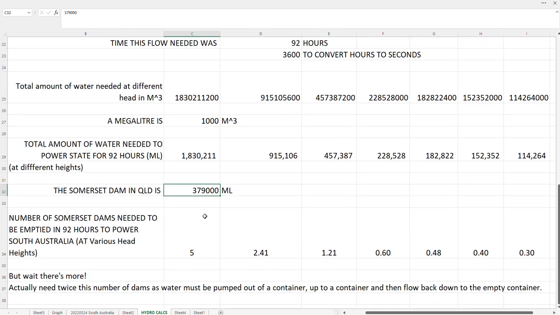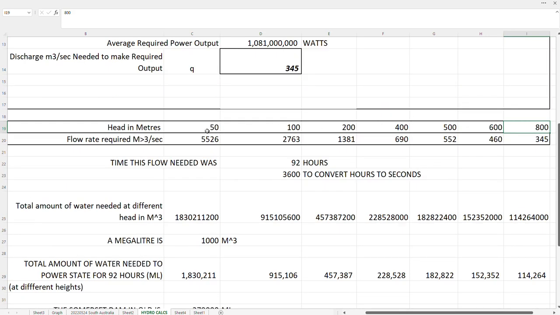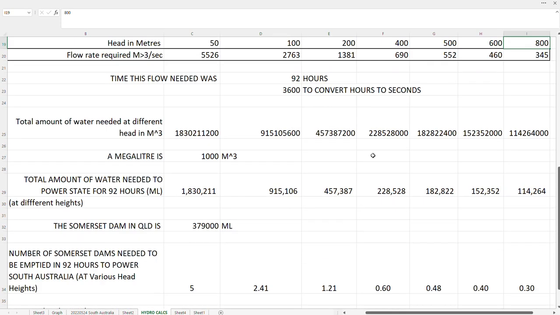So at a 50 metre fall, you're going to need 5 dams that size, and 2.5 and down to 0.3 dam that size if you've got a fall of 800 metres. And I don't know what the average height of hills or mountains is in South Australia. So you're going to have a range of outcomes.